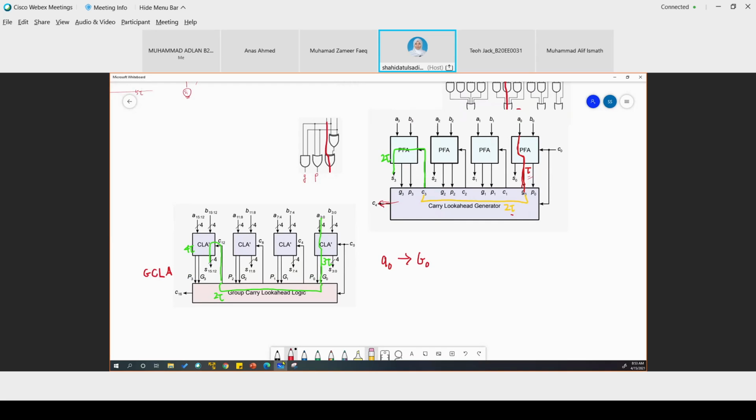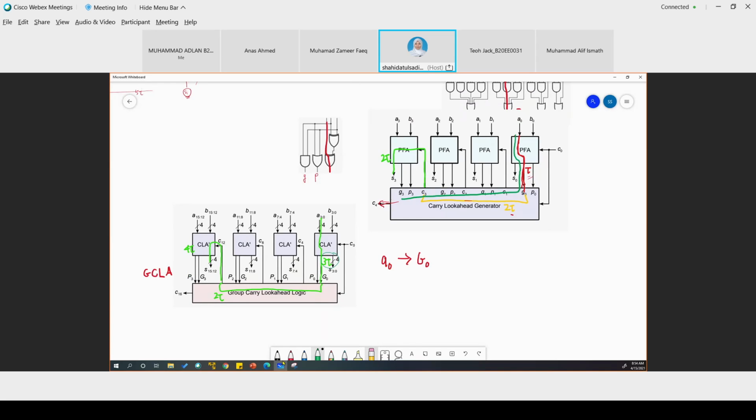From here to here. So it's 3 tau, 2 tau. Okay. So this 3 tau is from this pass.